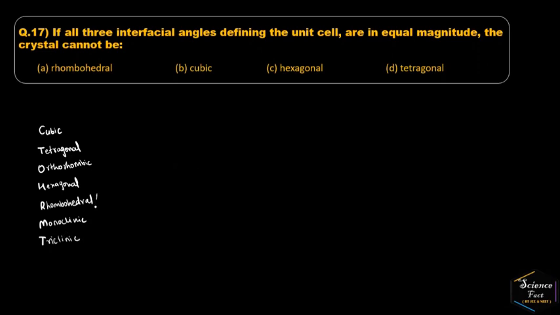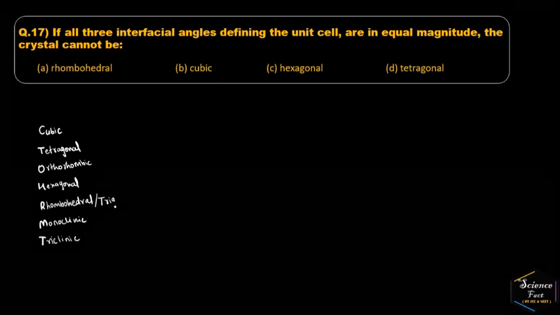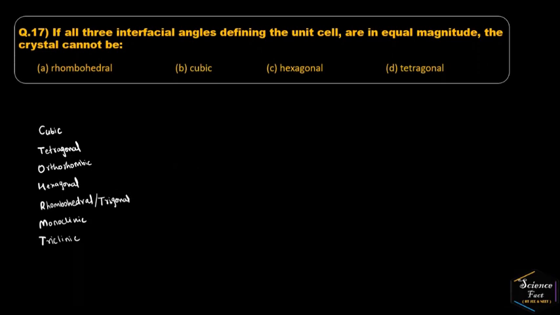Rhombohedral is also called the trigonal system. So remember this. This is a very important point because many students get confused between the tetragonal and trigonal systems.